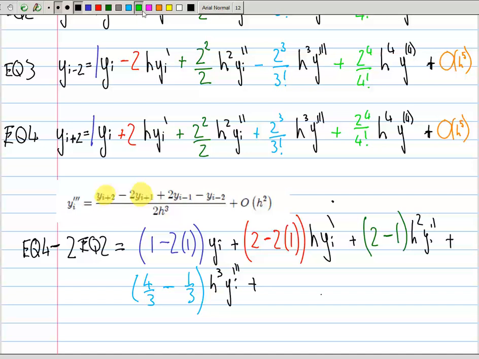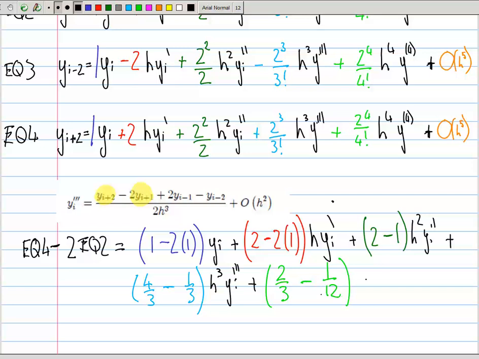And finally, we're going to look at the green. I'm not going to talk through the arithmetic. It's pretty straightforward, but if you take your 2 to the 4 over 4 factorial over here, you'll end up with 2 over 3, minus our other one, which is 1 over 4 factorial, you come out with 1 over 24, but we're timesing it by 2, so that'll be 1 over 12.